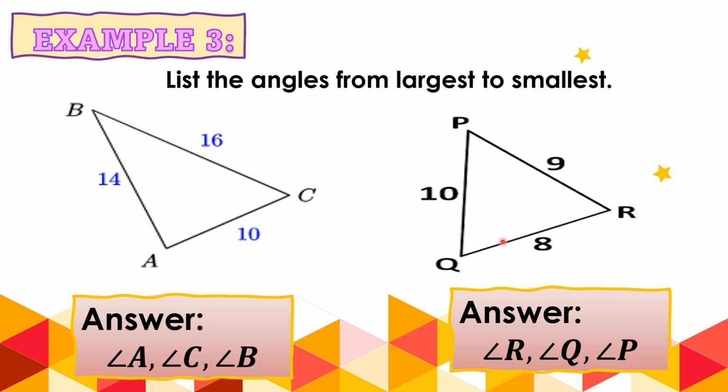Next is angle Q, the larger angle, opposite of the longer side, which is side PR. And lastly, the smallest angle will be angle P, which is the opposite of the shortest side, which is side QR.